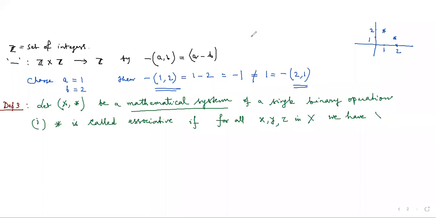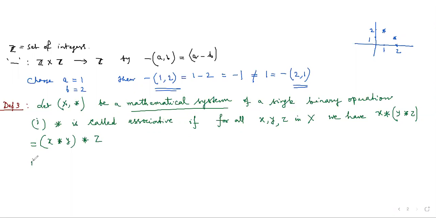x star (y star z) should be equal to (x star y) star z.